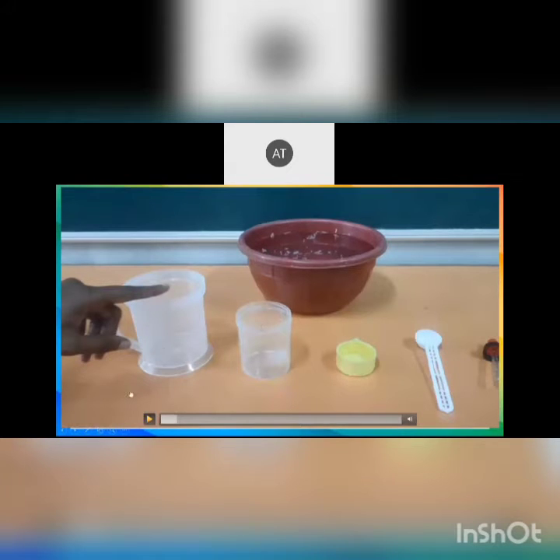How many cups will fill the mug, children? So let's find out. Let's pour the water from the cup to the mug. Let's count along with ma'am, children.